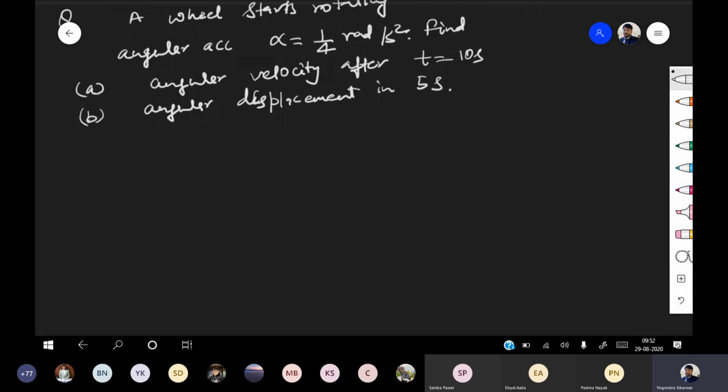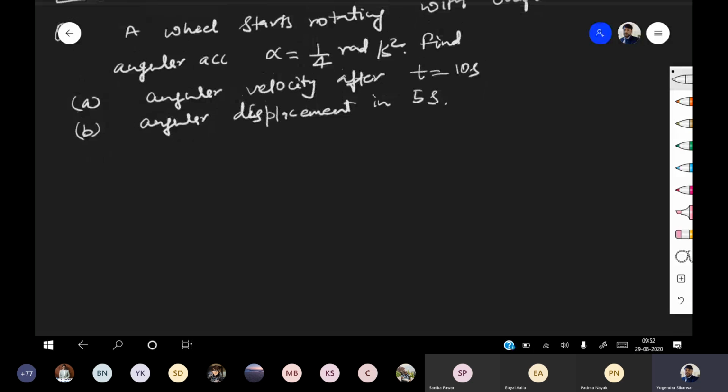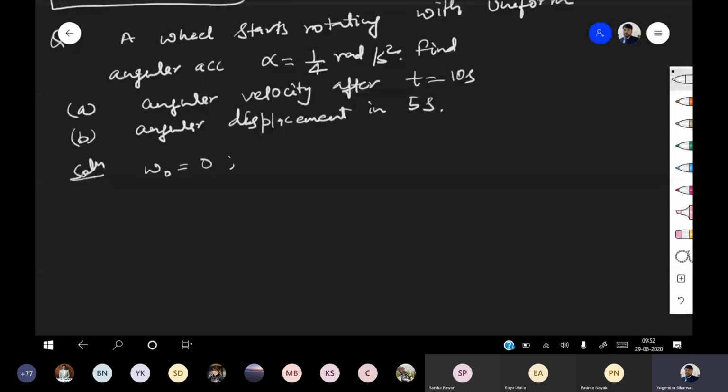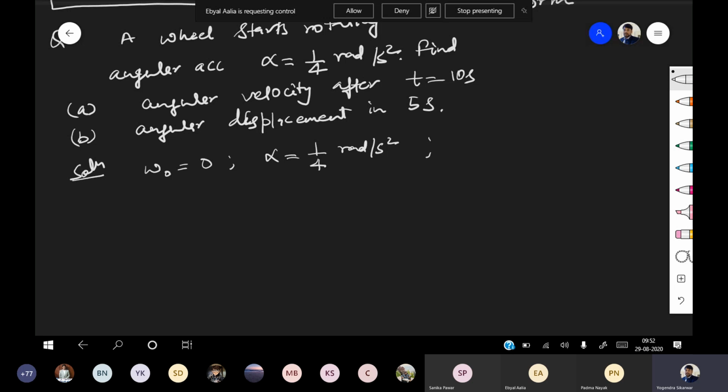Everyone, please pay attention. So in this question, omega naught is equal to 0. Alpha is equal to 1 by 4 radians per second square. Omega final is equal to question mark.